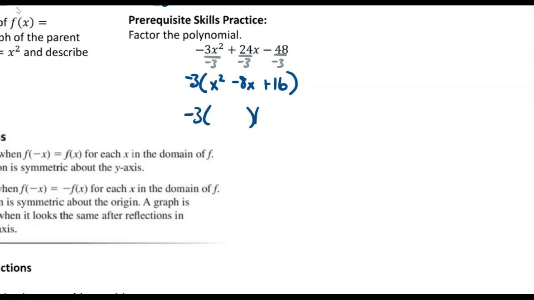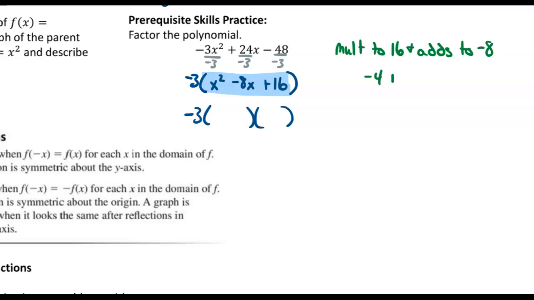So then we are going to factor inside this parentheses again. This is a trinomial. So that factoring is where we ask what multiplies to AC, which is 16, and adds to B, which is -8. So that's going to be -4 and -4. So remember, what we do then is we use our box.